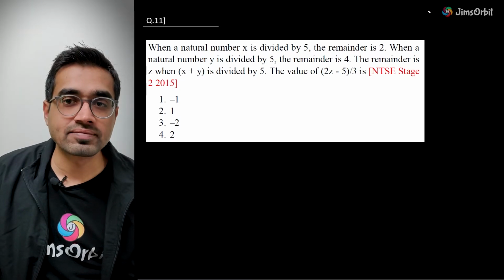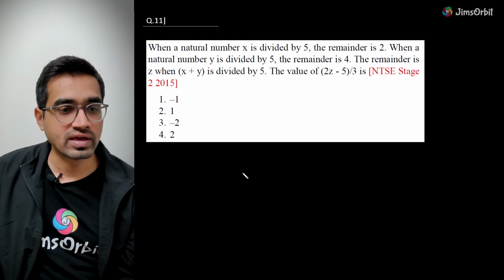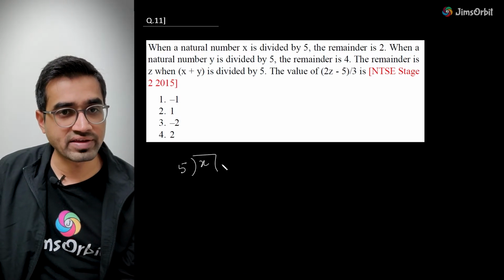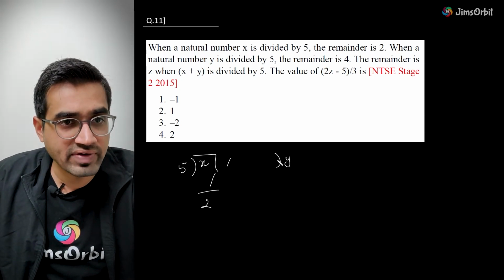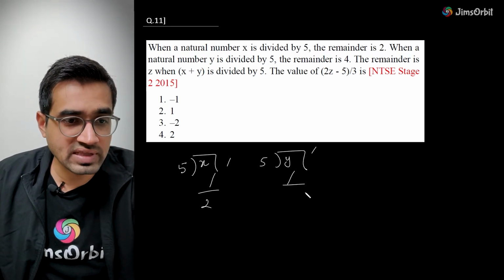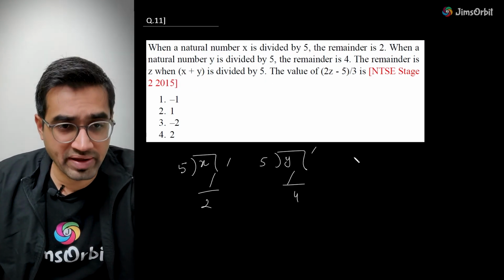Okay, what it is saying: when a natural number x is divided by 5, the remainder I get is 2. When a natural number y is divided by 5, the remainder is 4. The remainder is z when x plus y is divided by 5.